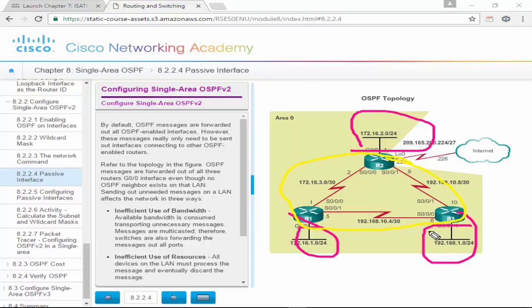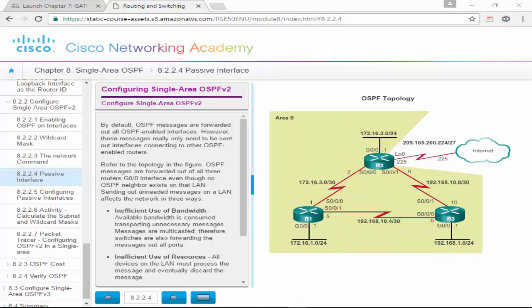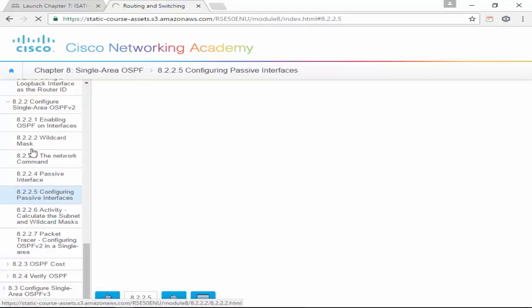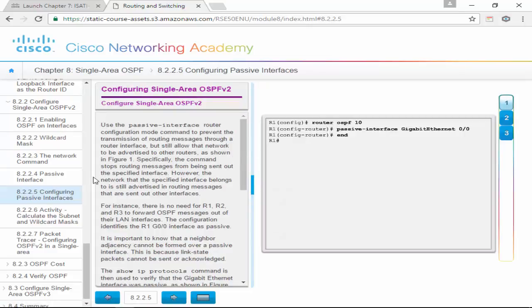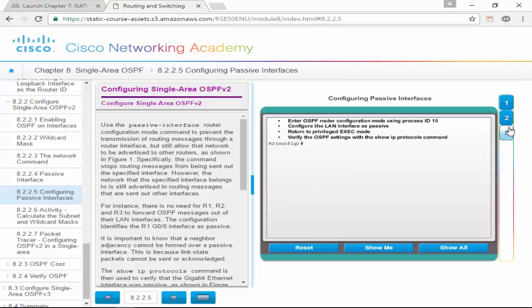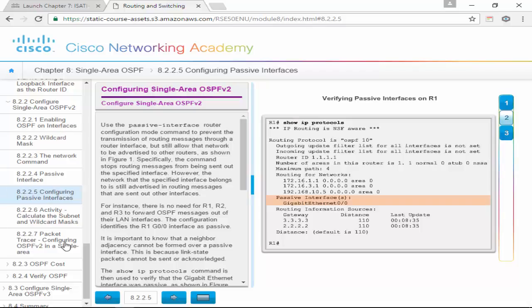So we use a passive interface command where we don't need it, to secure it, and just so we aren't wasting bandwidth and that kind of thing. So how do we do that? Same as with RIP. We just go into router OSPF 10 and say passive interface and the interface that the device is connected to. If you guys want to try that, feel free.